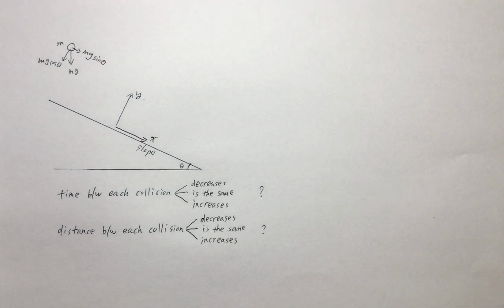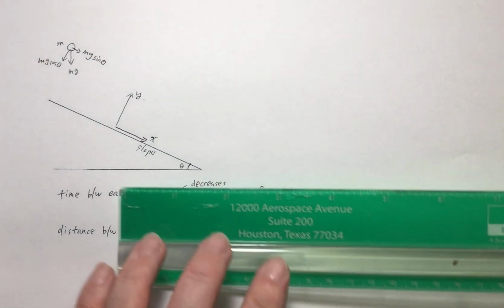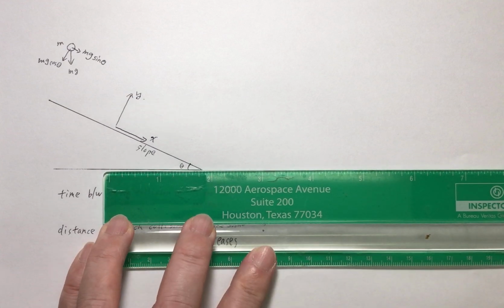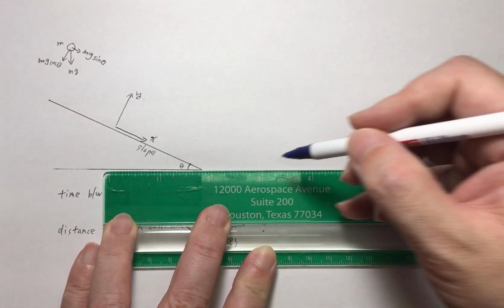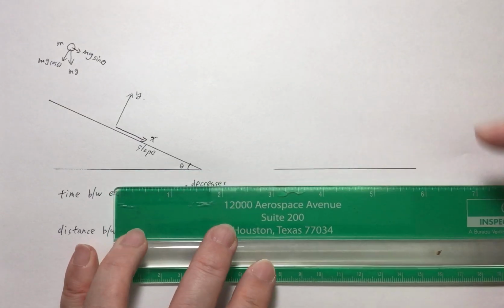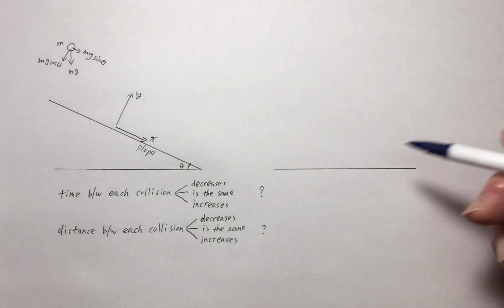So in order to have a better view, we redraw the coordinate, but this time along the horizontal direction. So here is the slope, okay?